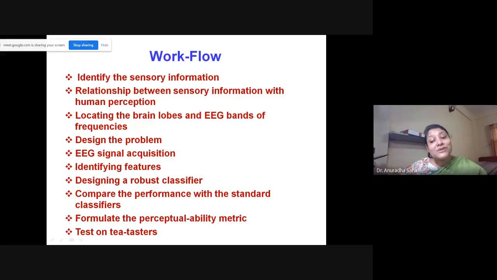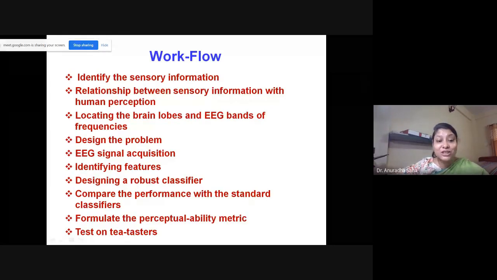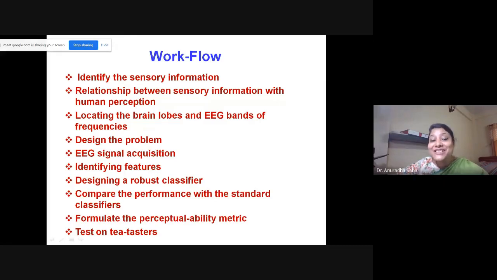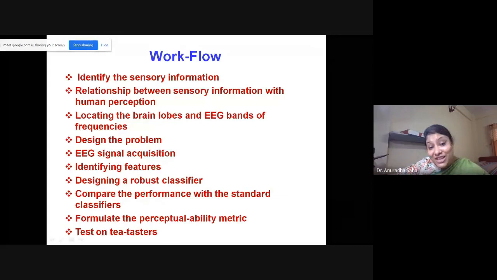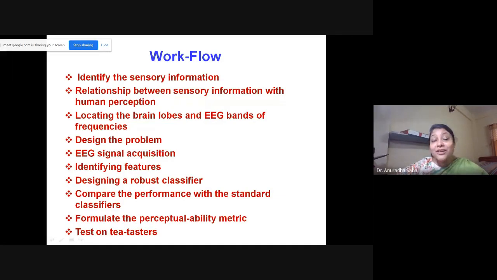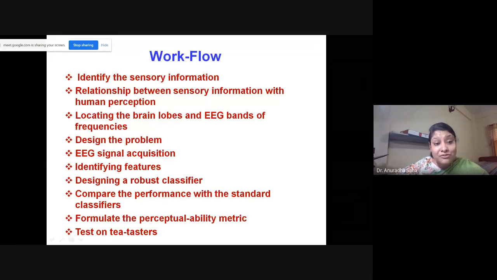Before starting our experimental section, first of all we need to locate our brain lobes, right? Because in the previous session we learned that we have certain major brain lobes, which are responsible for performing certain cognitive tasks.